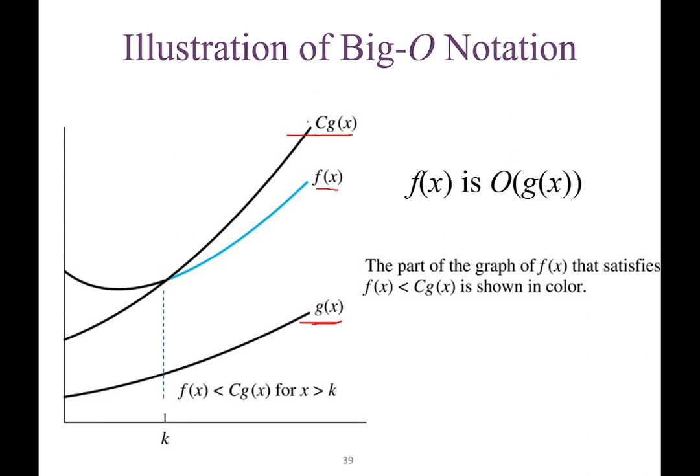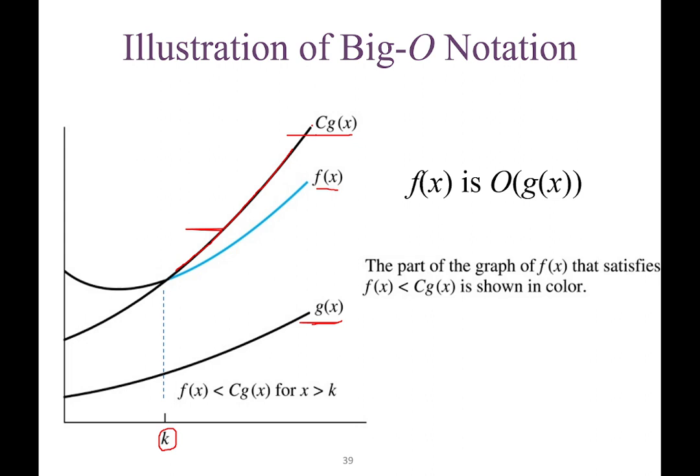This is c times g of x. Then you can see when x is larger than k, c times g of x is the curve here. So you can see f of x is always under c times g of x. The value of f of x is always smaller than the value of c times g of x.